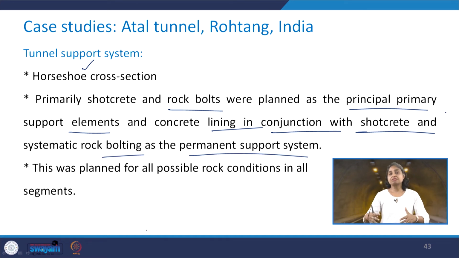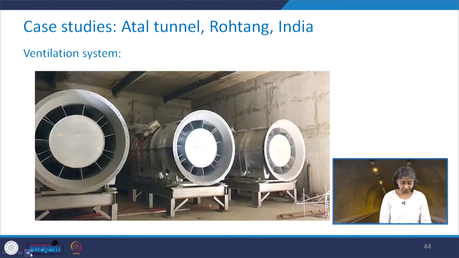This support system was planned for all the possible rock conditions in all the segments, I mean, wherever the geology changed. Based upon the RMR or the Q value, accordingly the similar type of support system was designed throughout.